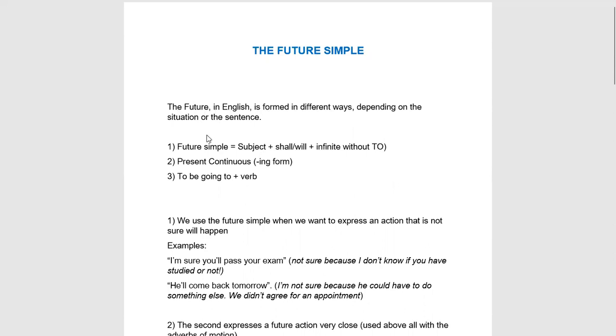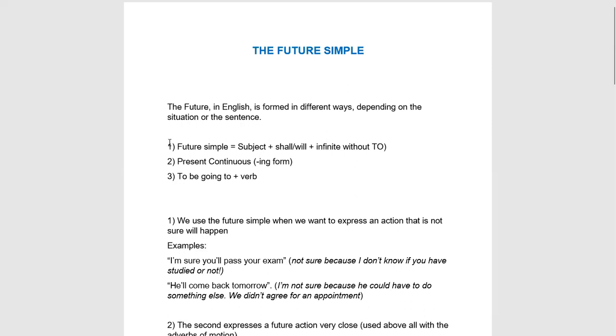For example, we have three different ways of forming the future in the simple tense, and all three ways are for different situations or explain different thoughts.